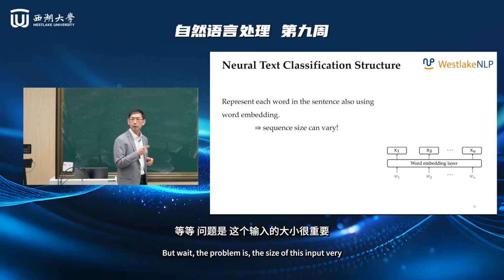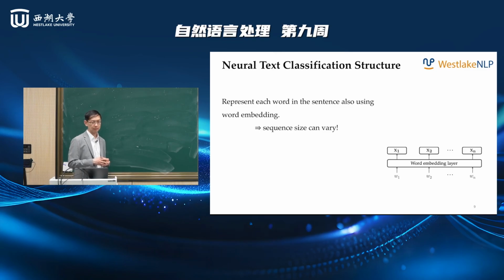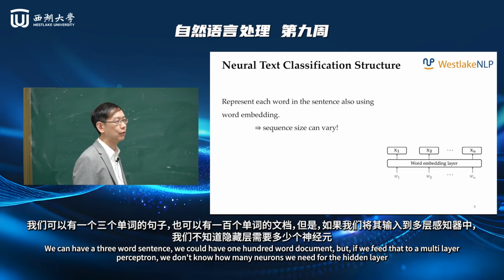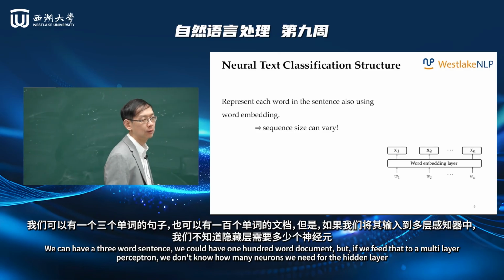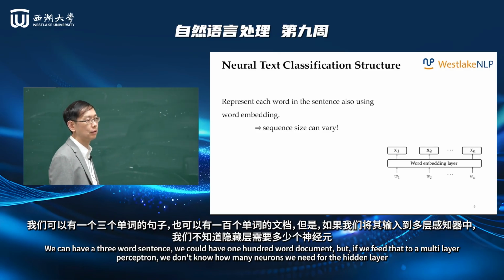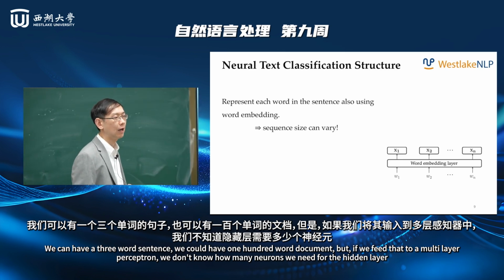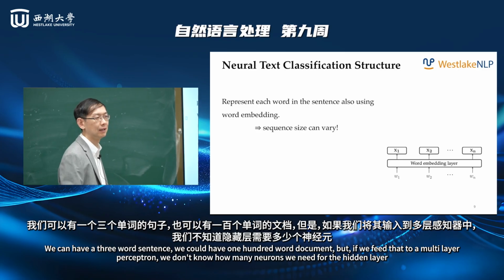But wait, the problem is the size of this input varies. We can have a 3 word sentence, we could have a 100 word document. If we feed that to a multi-layer perceptron, we don't know how many neurons we need for the hidden layer.